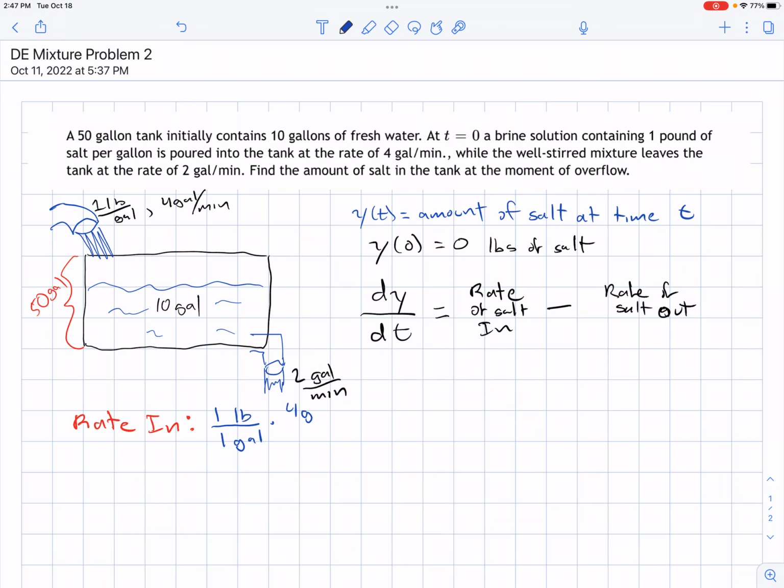We need this in terms of pounds of salt per unit time, because dy/dt is in pounds of salt per minute. So we need to get rid of the gallons, which we just did, and we have pounds of salt per time. That's the rate going in. Simplifying, that's essentially 4 pounds per minute.